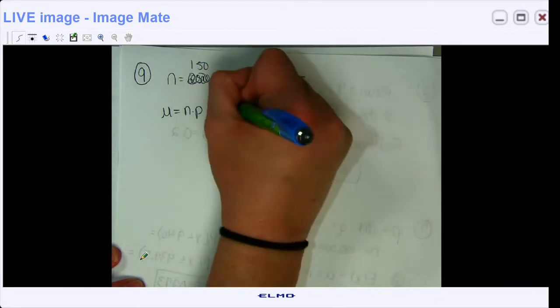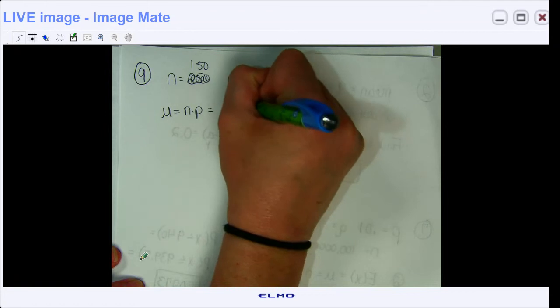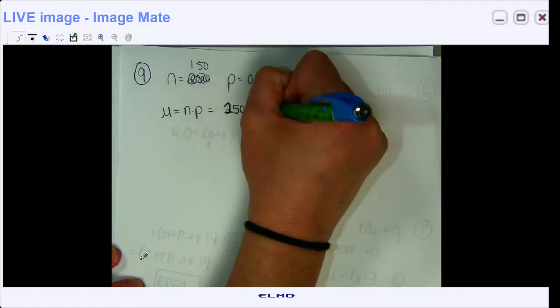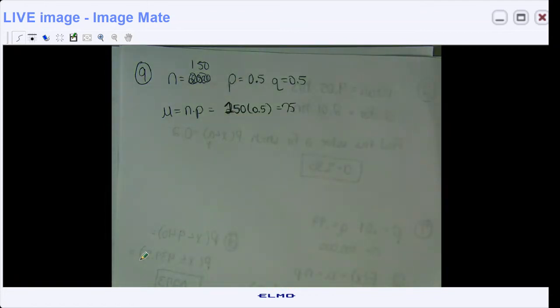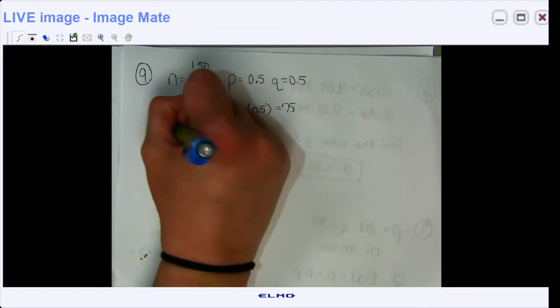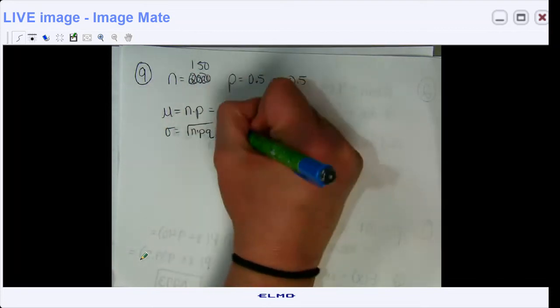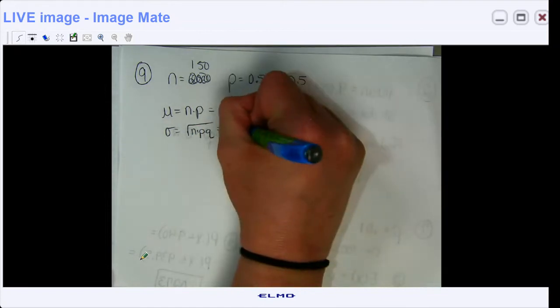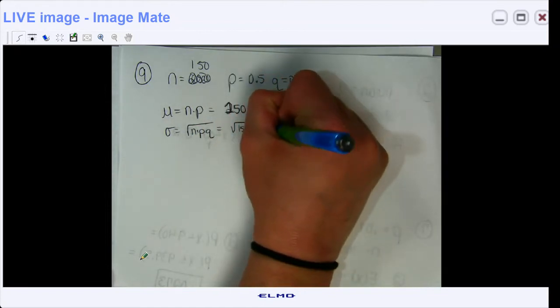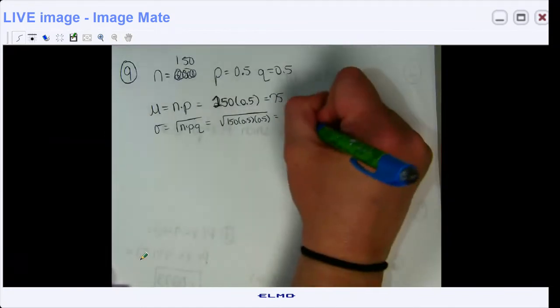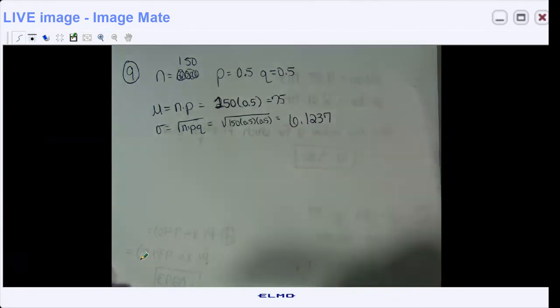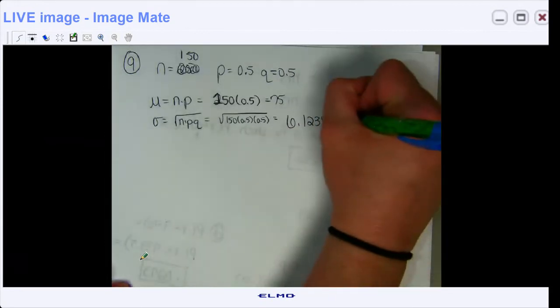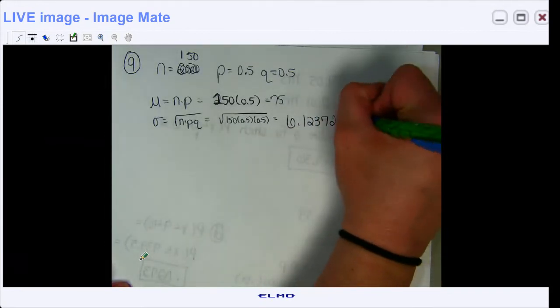Which gives us 75. Getting your numbers wrong will definitely mess up your problems. Okay. So 150, 75, and then standard deviation, square root of N times P times Q. So square root of 150 times 0.5 times 0.5. And that is giving me 6.123724357.